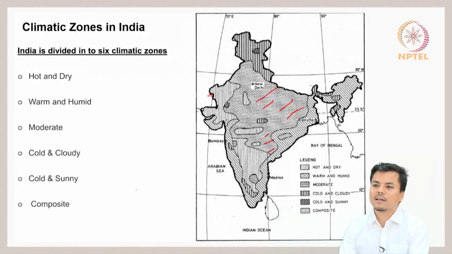So, Darjeeling, Sikkim and all these regions, and here Shillong, are under the cold and cloudy climatic region, and the cold and sunny climatic region is seen in Leh and Ladakh and in some regions of the northeast. So, there we can see these climatic regions.